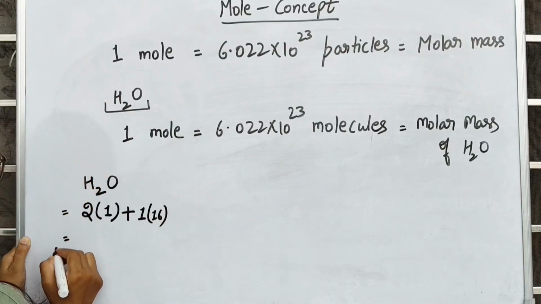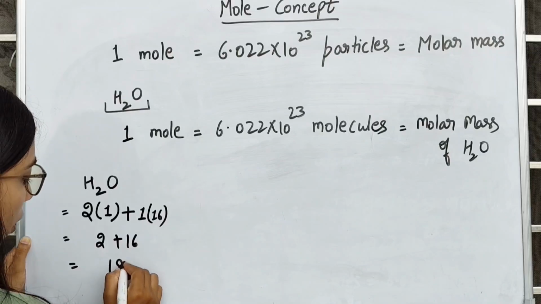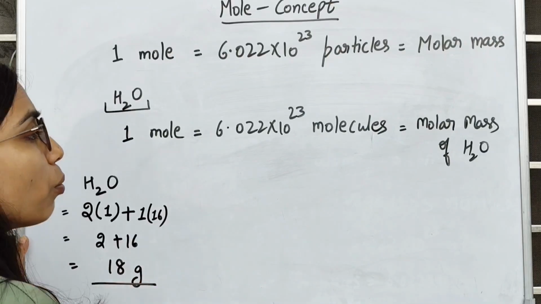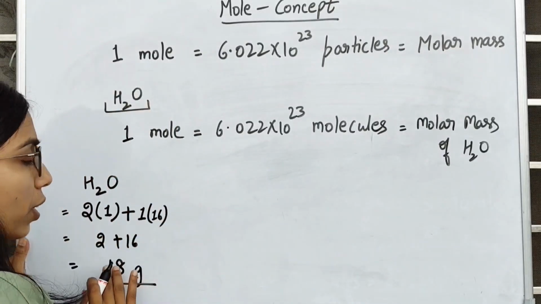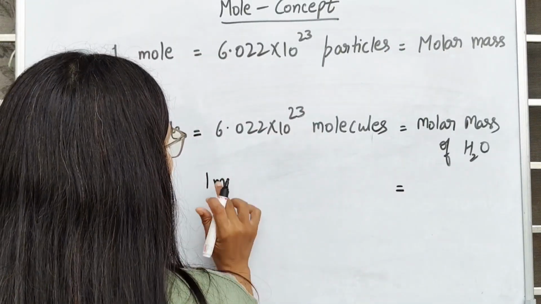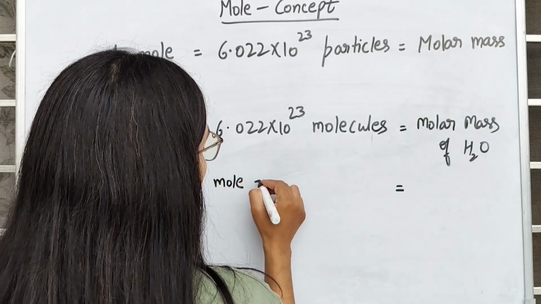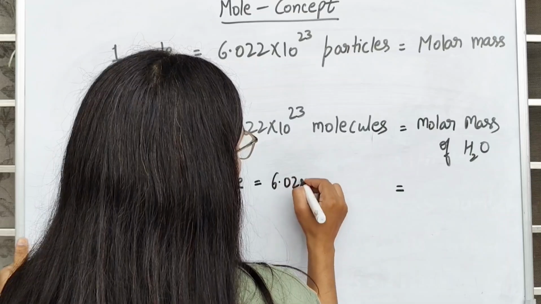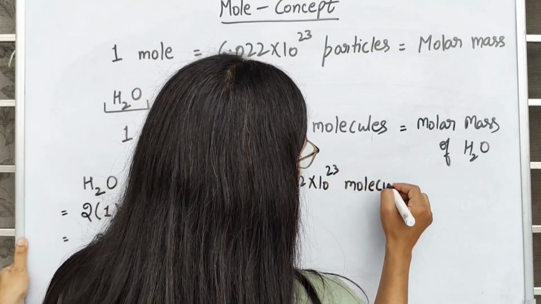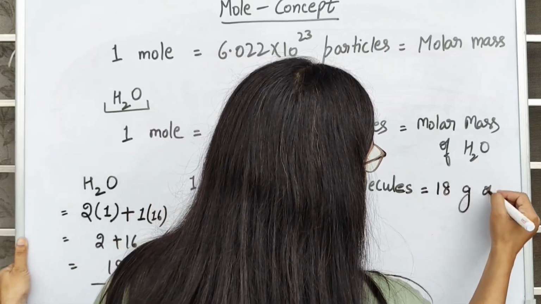Now if you calculate the molar mass of water, it will come to 18 gram. Means 1 mole is equal to Avogadro's number of molecules, which is equal to 18 gram of water.